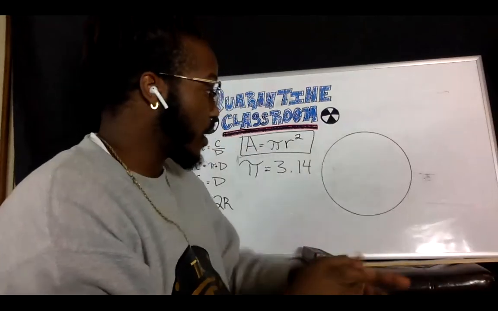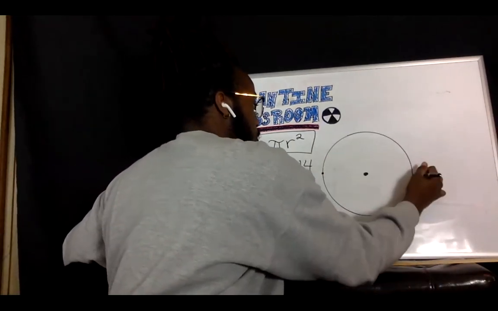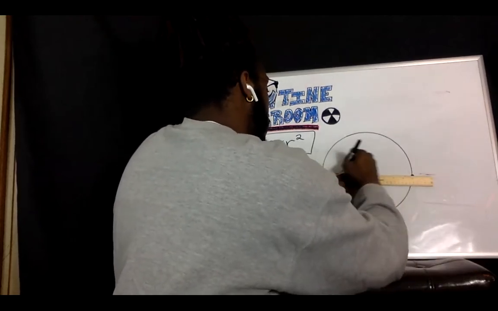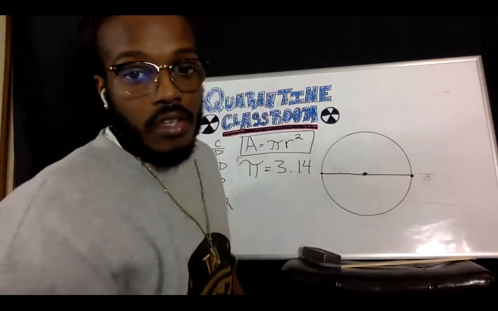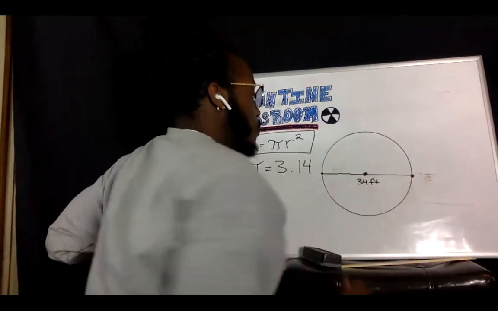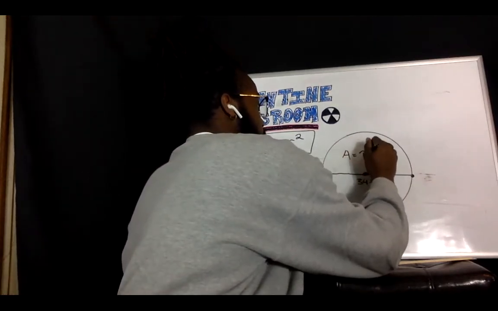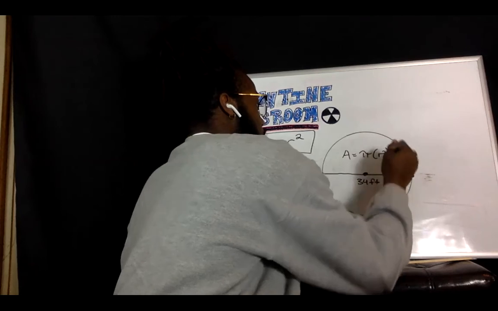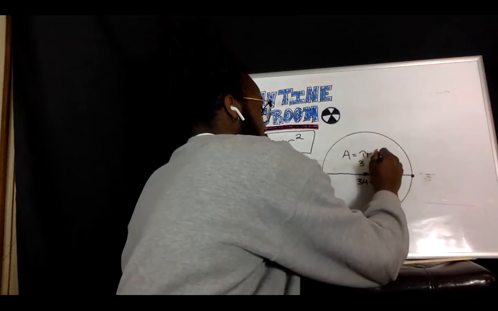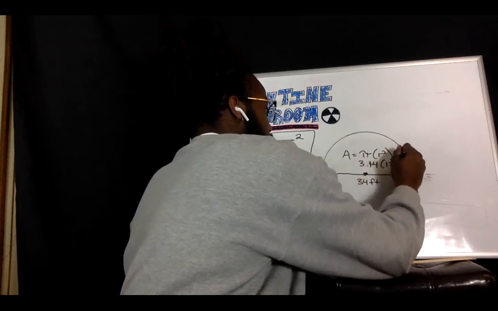All right, so what they're saying is the distance across this circle from end to end is going to be 34 feet, which means that in order to find the area, which we know is pi times radius squared, we first have to turn pi into 3.14, and then 17 squared.